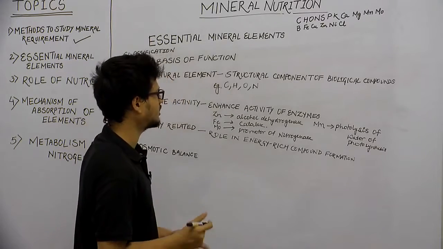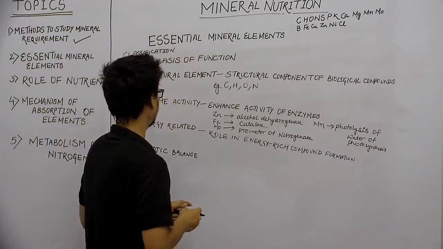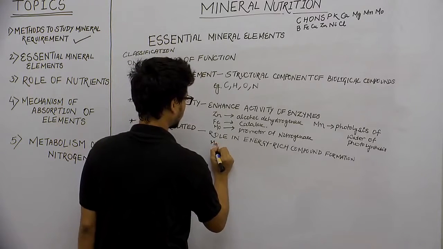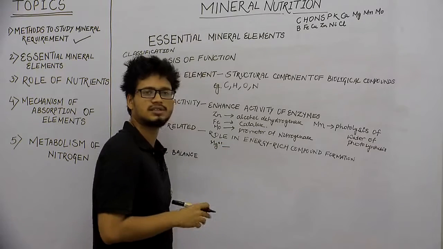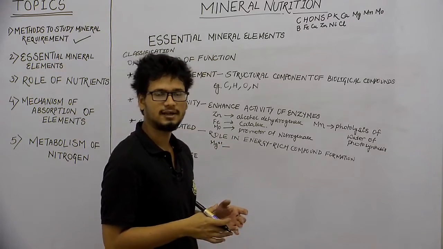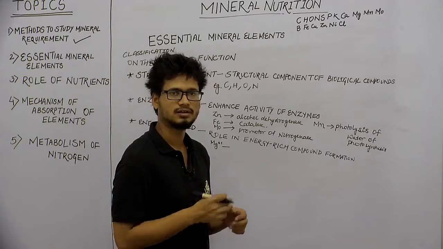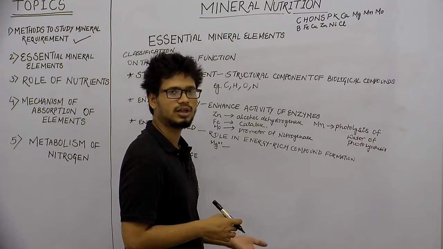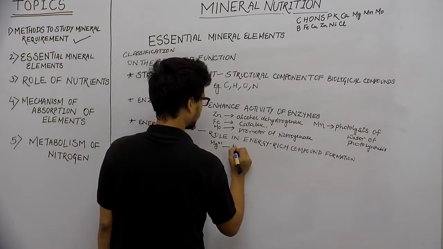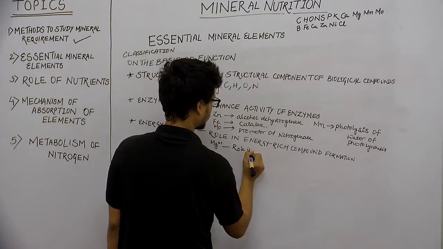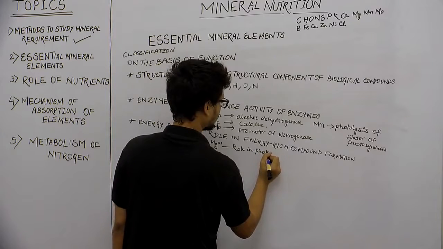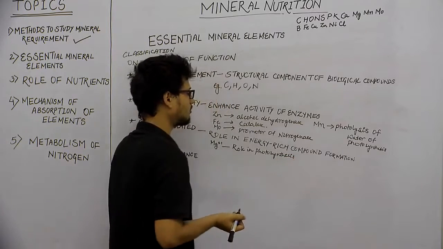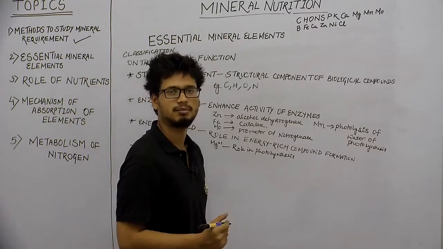They have a role in energy rich compound formation, and an example is that of magnesium. Magnesium acts as the center piece in the pyrrole ring of chlorophyll, the central element. So it has a role as a component of chlorophyll, so it has a role in photosynthesis. Because as we know, photosynthesis can't be done in plants without chlorophyll.